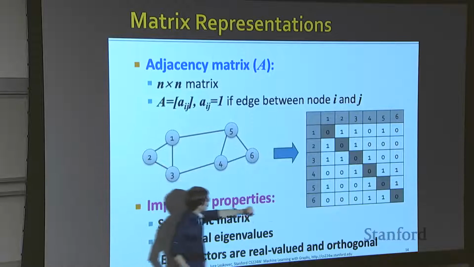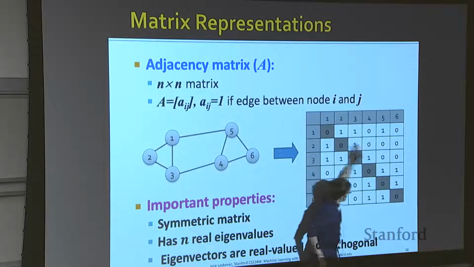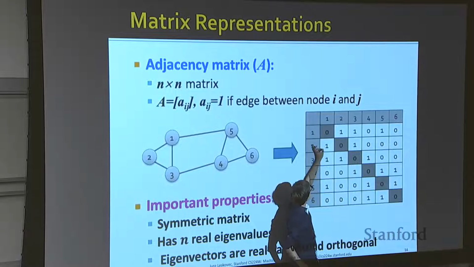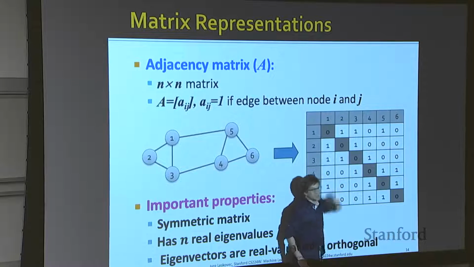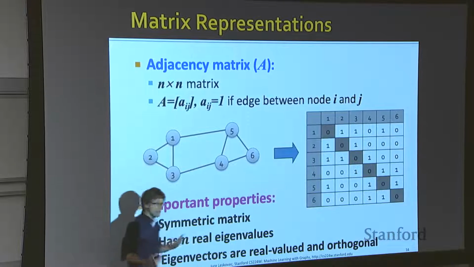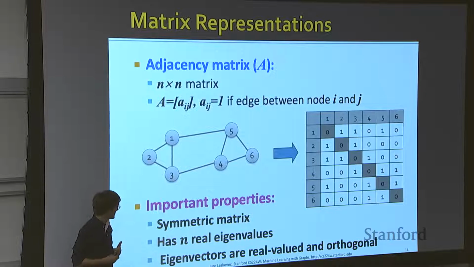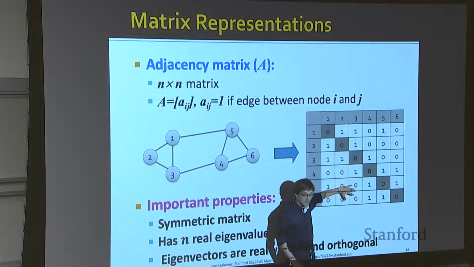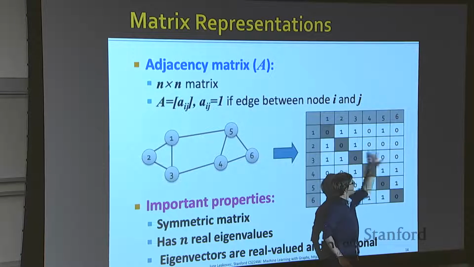I take the graph and create the adjacency matrix. This is the adjacency matrix: 1 means there is an edge between nodes 2 and 1, and 0 means there is no edge. Because our graph is undirected, our adjacency matrix is symmetric, so I can flip it across the diagonal.